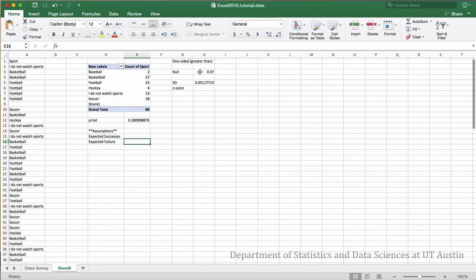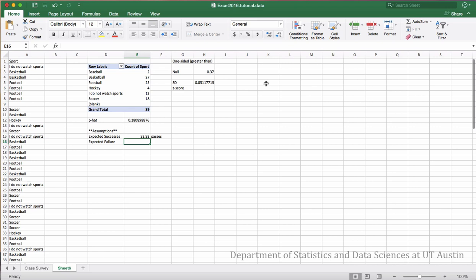To get these expected counts, we take our sample size, which was 89, and multiply it times the percent of people we expect to choose football as their favorite sport. If we're assuming that 37% of individuals prefer football, then 37% of these 89 individuals should choose football. So I'm going to multiply it times that value there. This number should be at least 10, which 32.93 is. We have enough expected successes.